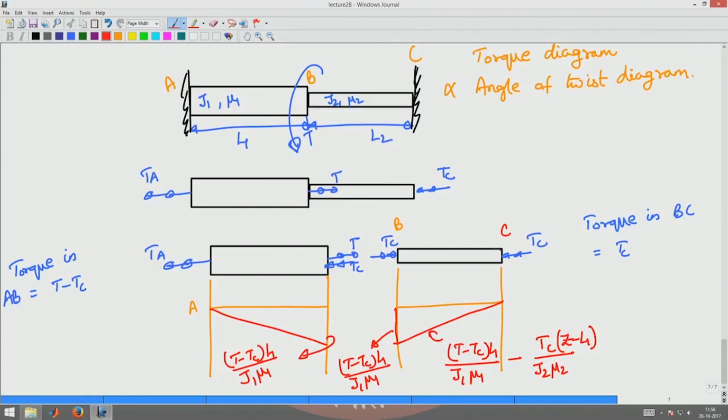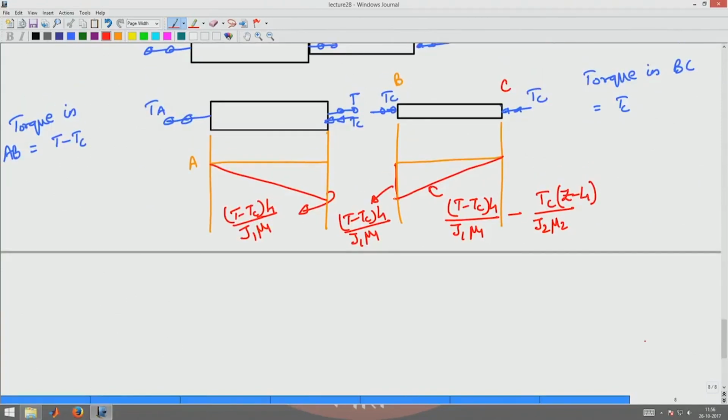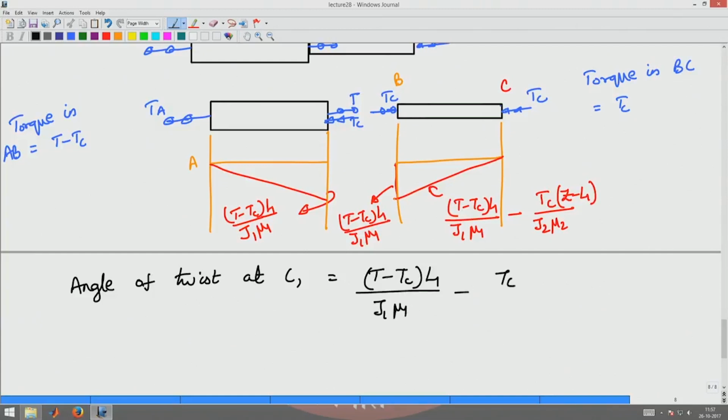So the angle of twist at C is given by T minus Tc times L1 by J1 mu 1 minus Tc by J2 mu 2 into L2 minus L1, and this must be equal to 0.